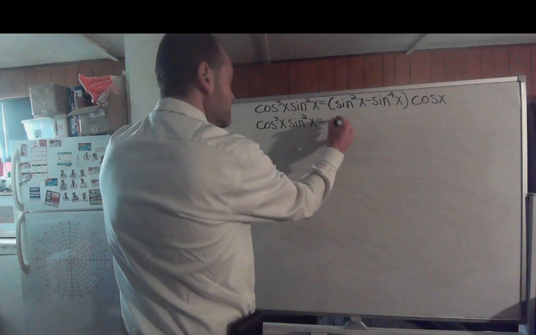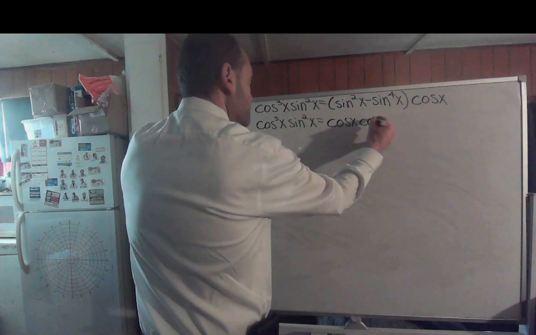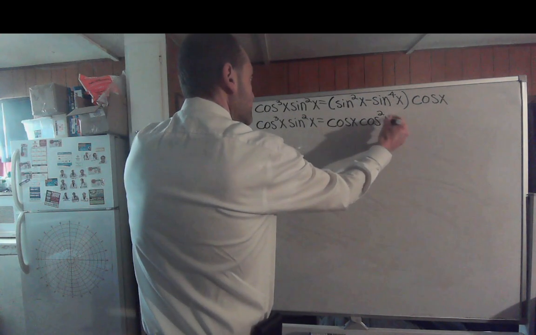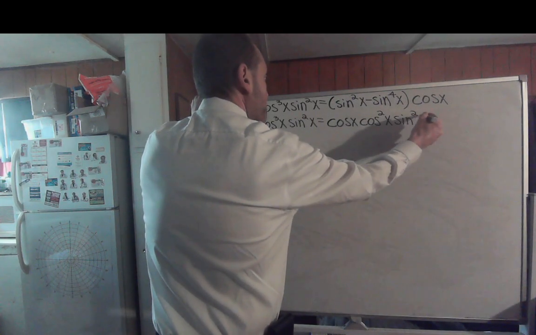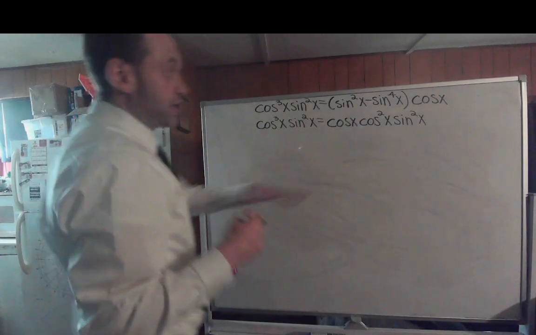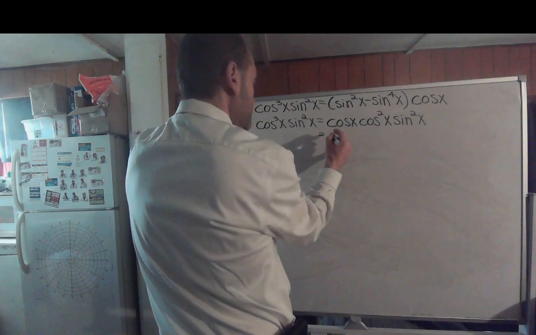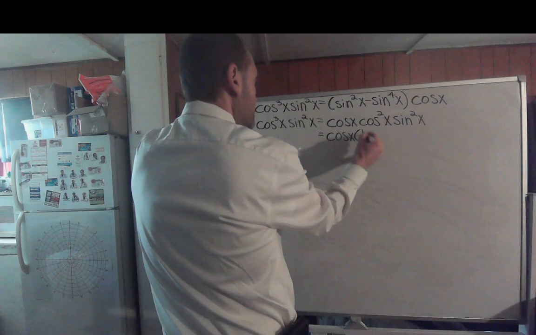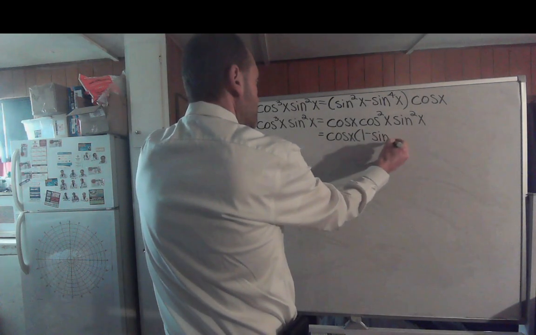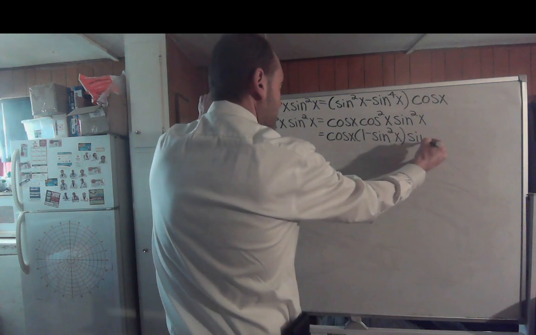So we can turn this into the cosine of x times the cosine squared of x times the sine squared of x. Well, now that cosine squared of x, that's the exact same thing as 1 minus sine squared of x. So this would turn into the cosine of x times 1 minus sine squared of x times the sine squared of x.